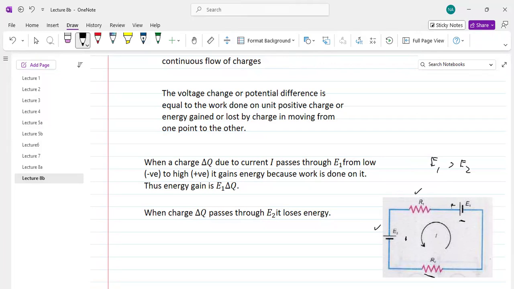If EMF E1 is greater, what does this mean? This means the positive terminal of E1 is at high potential as compared to the positive terminal of E2.